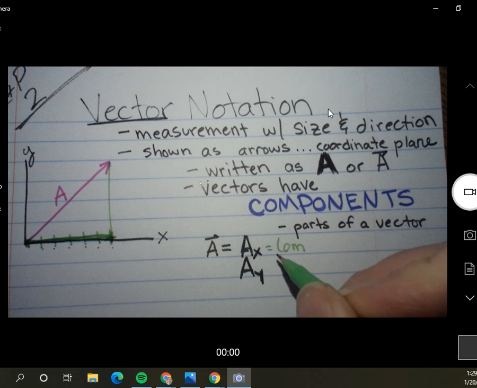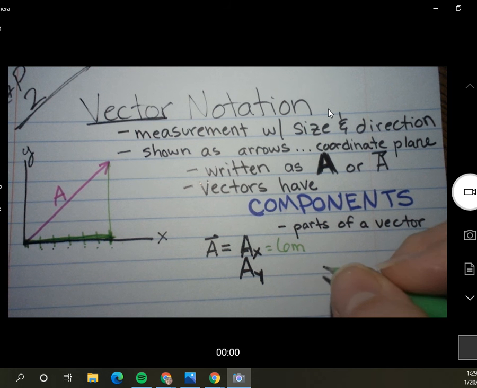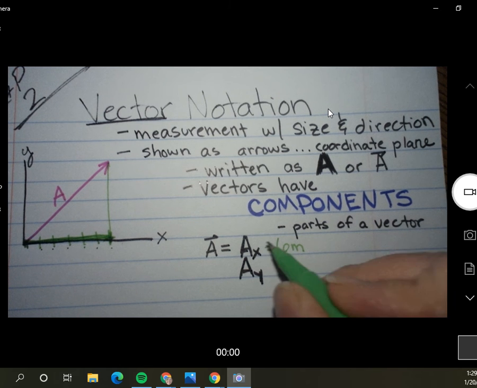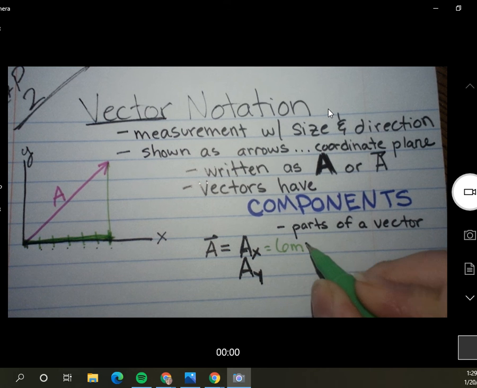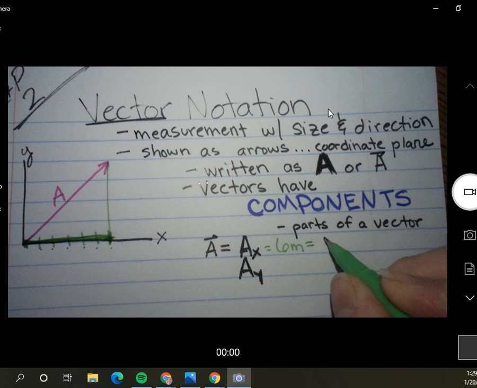How could you describe that in other words? A sub x is the horizontal length of the vector.